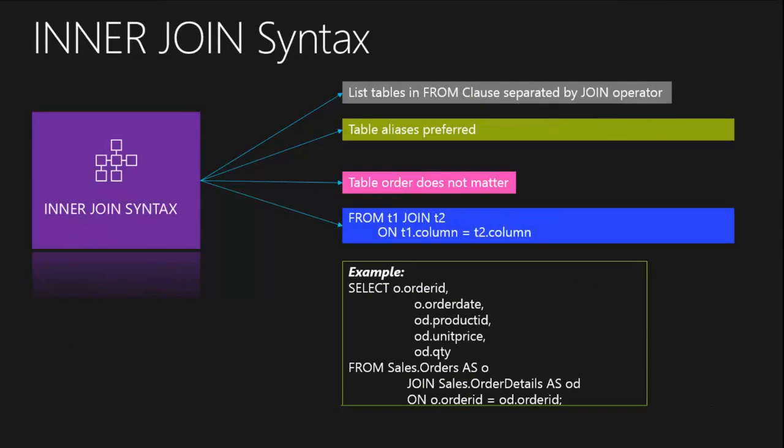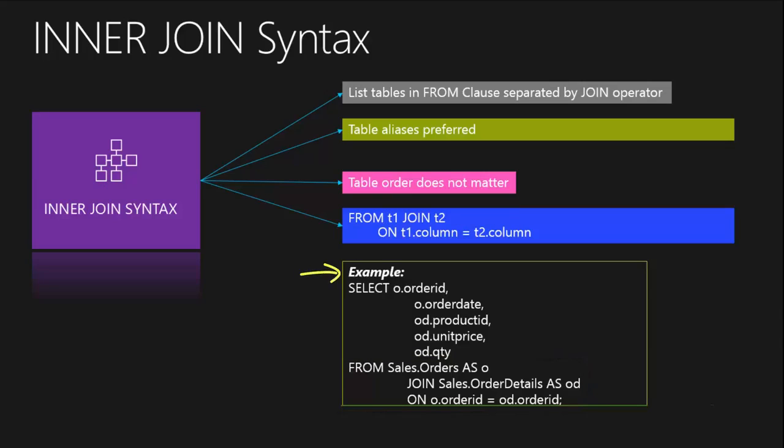You specify all the tables that you need in the query in the from clause separated by the join operator, and the on clause specifies the columns on which the join is being performed. It is recommended to use table aliases so that the query is more readable. And the table order doesn't really matter in the inner join, unlike the left outer and the right outer joins.